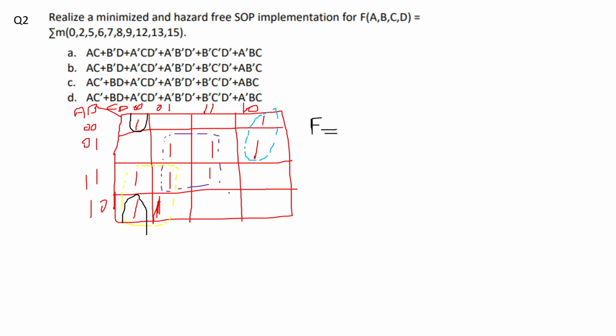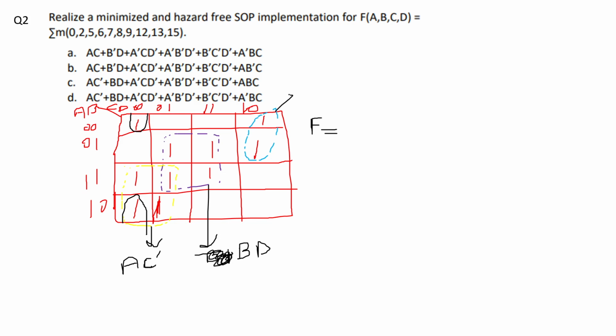But first let's write down the terms. So A is changing, this is B, sorry, now we are talking about sum of products. So this is B and D, this is BD. A is not changing, B is changing, and here this is AD. This is AC complement.